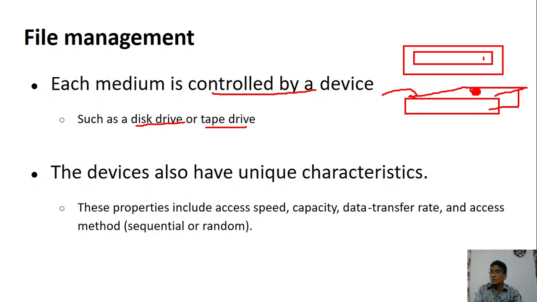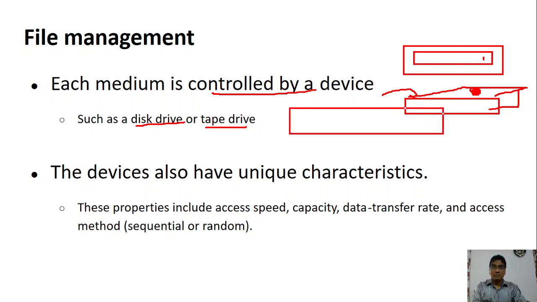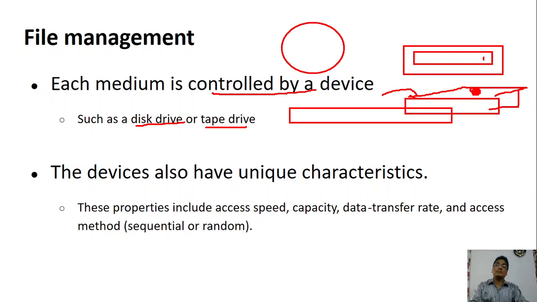So when you interact with a particular device, you must know how to interact with it. If you are storing it in a tape, it's going to be continuous, whereas if it is a disk, it is something else.